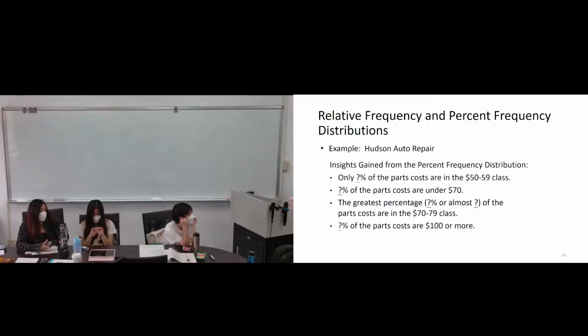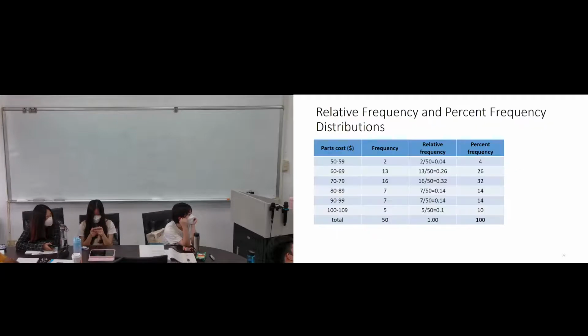The greatest percentage of the parts costs are in the $70 through $79 class. What's the percentage? That's 32%, which is almost 1/3 of the whole sample.